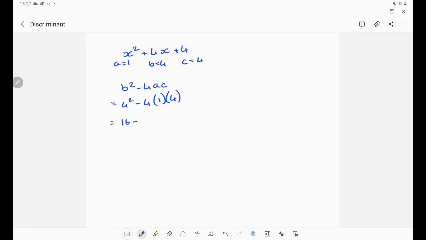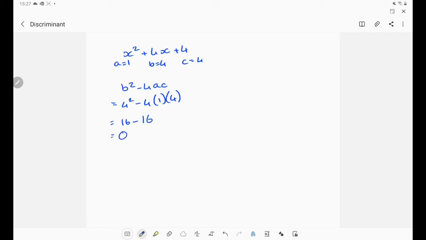Let's have a look at the second example. So the second example was x squared plus 4x plus 4. Again, you go through a equals 1 because there's nothing in front of the x squared, b equals 4, c equals 4. You copy the discriminant from the front of your test paper and you substitute in. So 4 squared minus 4 times a times c. 4 squared, 16, take away 16, and we get 0.